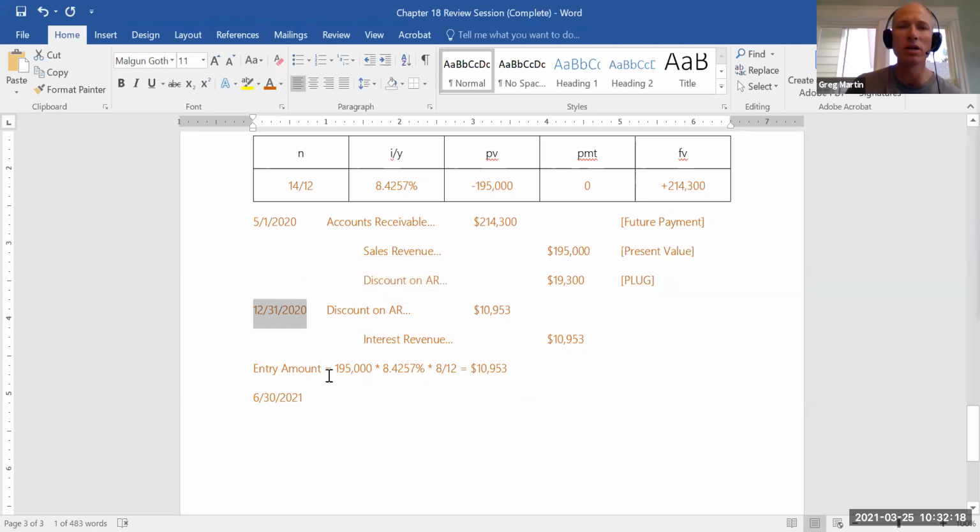So this 195,000 times 8.4257%, which is 16,430, that would be 12 months of interest. We're recording the interest that had been accrued for the 8 months that were in 2020. That's why we're using 8/12.